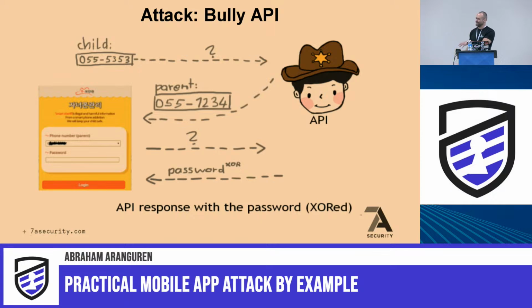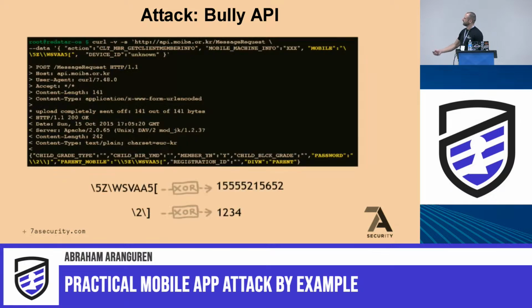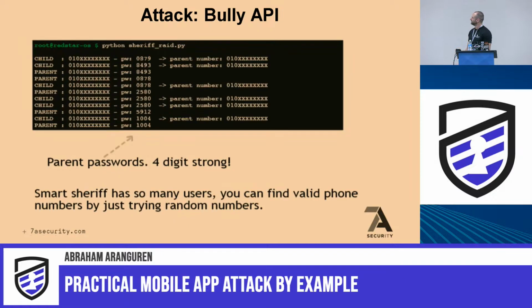So now from here, you can log in as the parent to the dashboard, and then you can say this child can never use the phone, cannot install any apps, cannot visit any websites, and so on. So it was really helpful for these bully kids, right, the API. So this is why we called it the bully API. And this is the bully API in action, how it looked like, and so on.